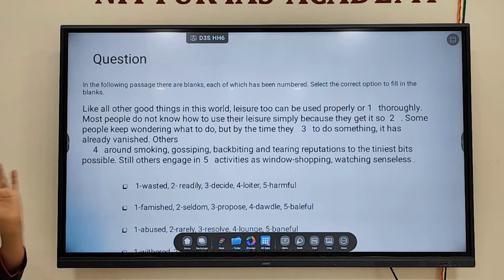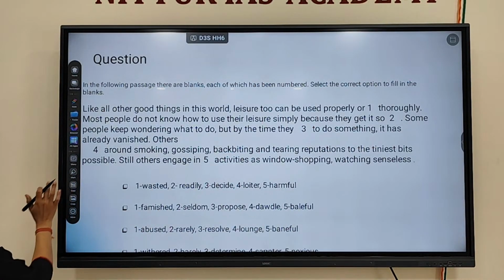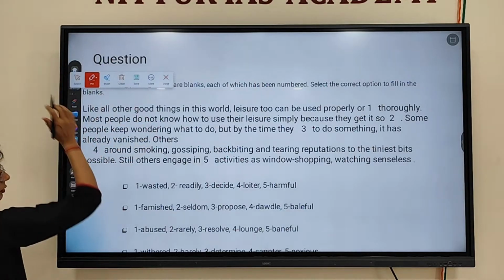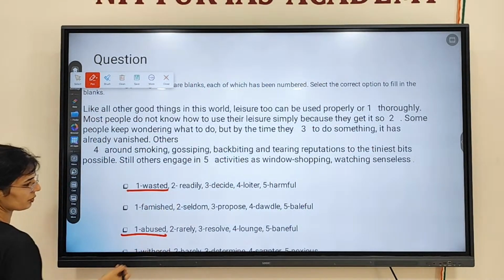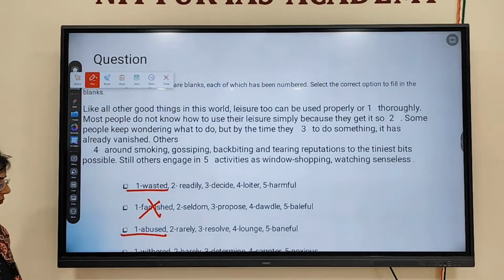Used properly or abused thoroughly. Or wasted. So we have these two options which we think are best fit among the three. Either wasted or abused. Famished will not work. What is the meaning of famished? Divya? Extremely hungry. Leisure cannot be associated with hunger.